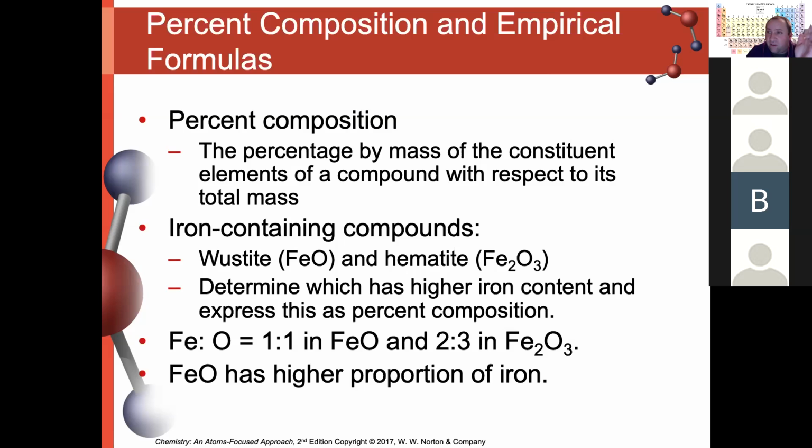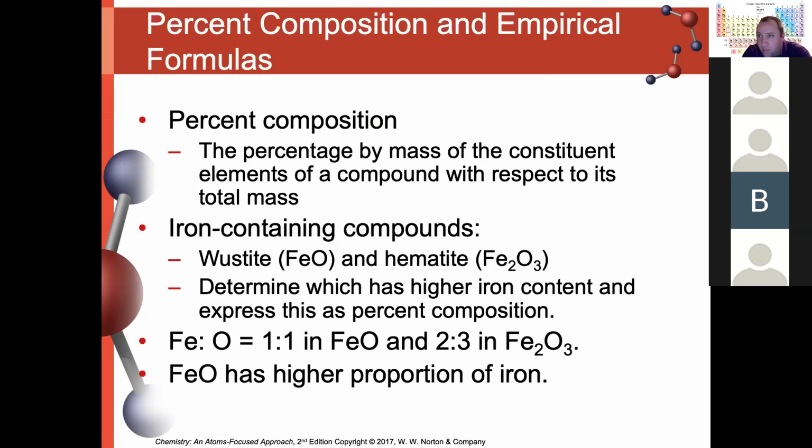Iron is half and oxygen is half of the atoms in wüstite. And in hematite, it's more of a 60-40 split. There are 3 oxygens for every 2 irons, so 60% of the atoms in hematite are oxygen, and 40% of them are iron.